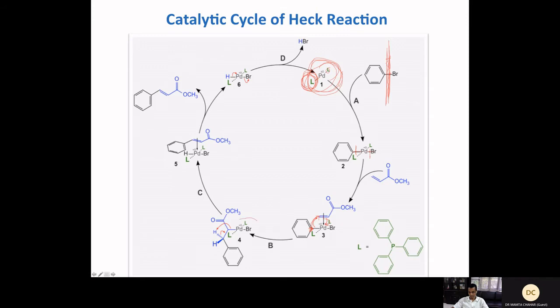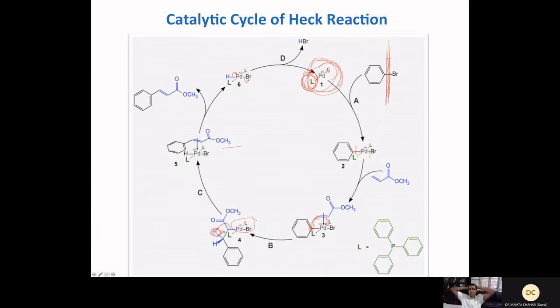Now this beta position palladium can undergo beta hydride elimination as is shown in here, and overall it can take this proton from this highlighted edge, and it can give you in this case ethyl cinnamate or methyl cinnamate ester, right? Now this is a very simple reaction, and it works quite efficiently for these sorts of reactions.